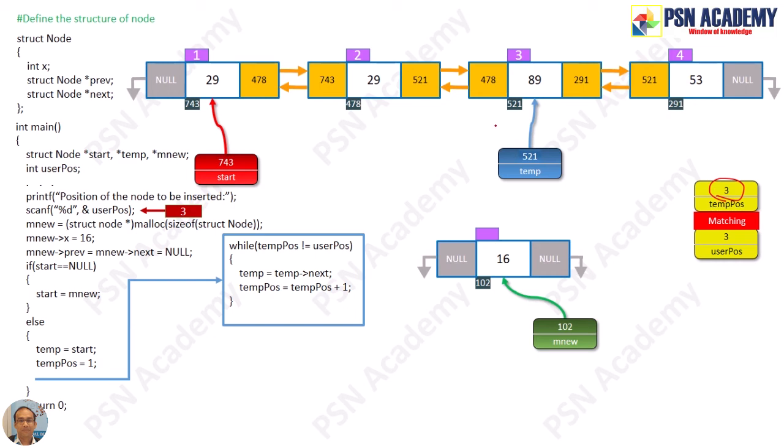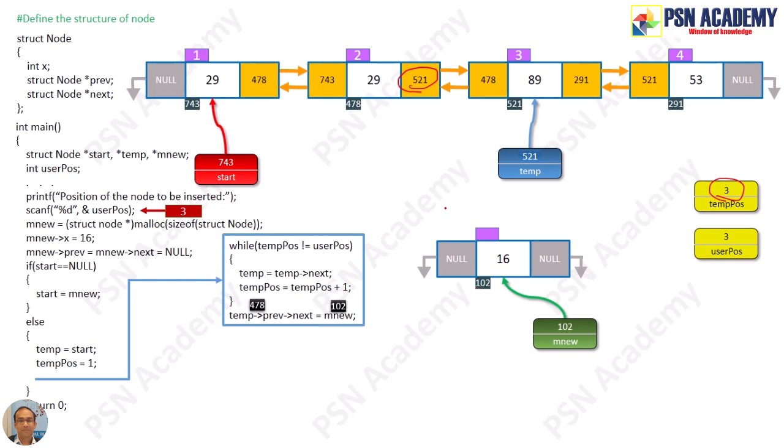Now we have to go for the adjustments of the pointers. Okay. We write temp prev next equal to mnew. Now what is the meaning of this? Now temp is at 521 and the temp prev is 478. You can see that. Now the next pointer of the node at 478 will be loaded with mnew, that is 102.